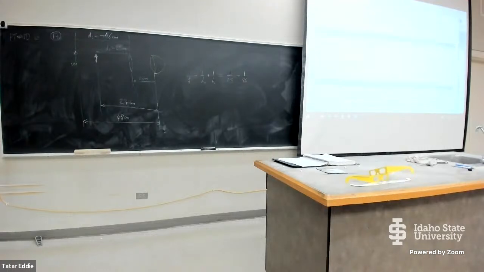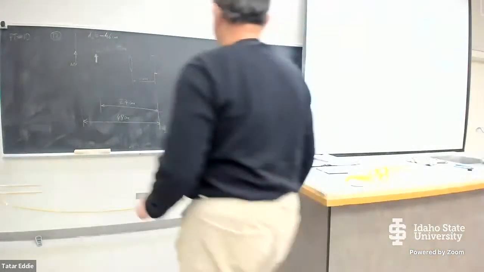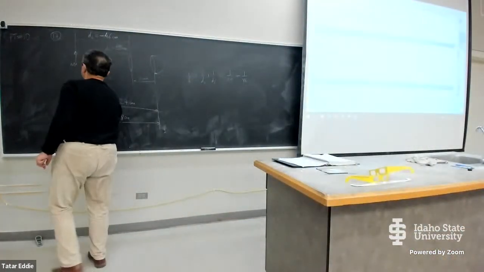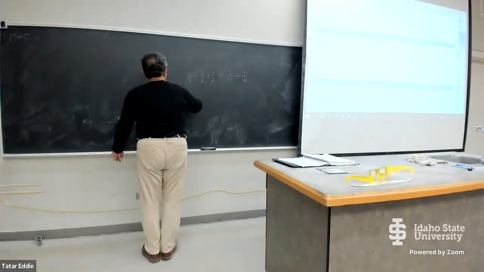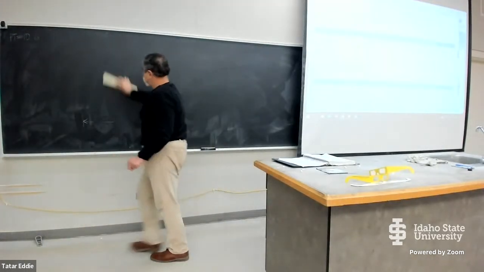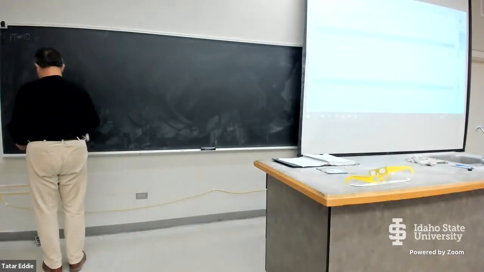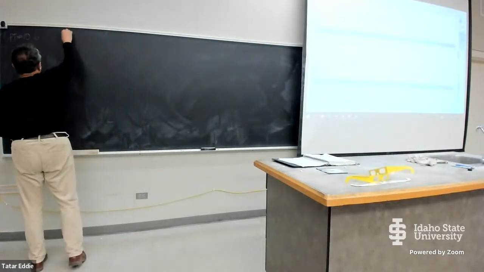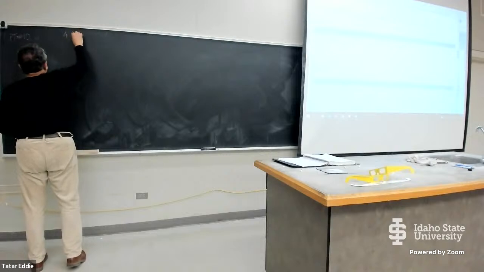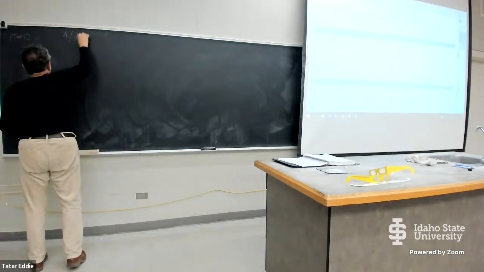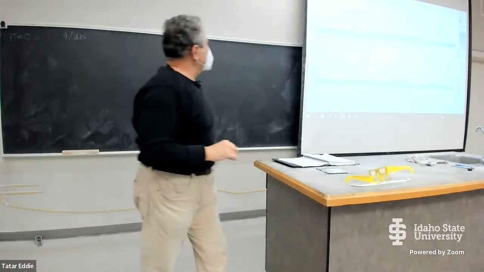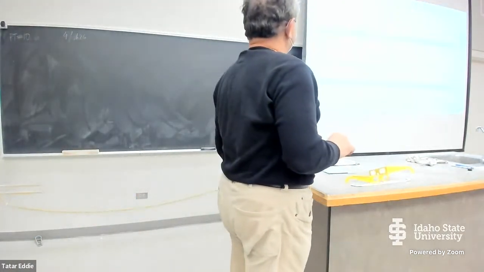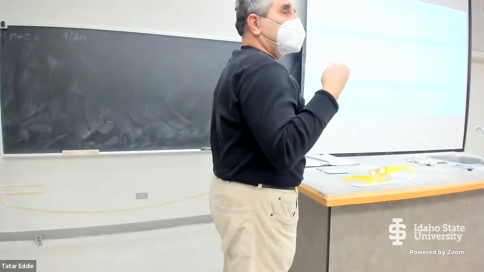Problem number 4 from the homework assignment from chapter 26. So you have a nearsighted person, so you need diverging lenses.